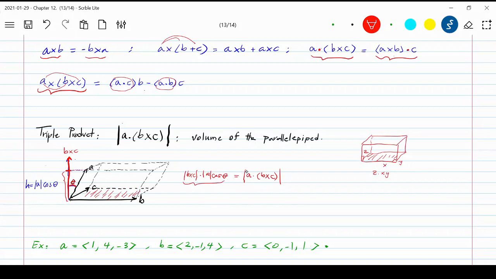But the result of the dot product is always a constant. So we take the absolute value, because you want the volume to be a positive number. After you do the dot product, what you get is a number, and if it's negative, you take the absolute value, it becomes positive, which gives you the volume.